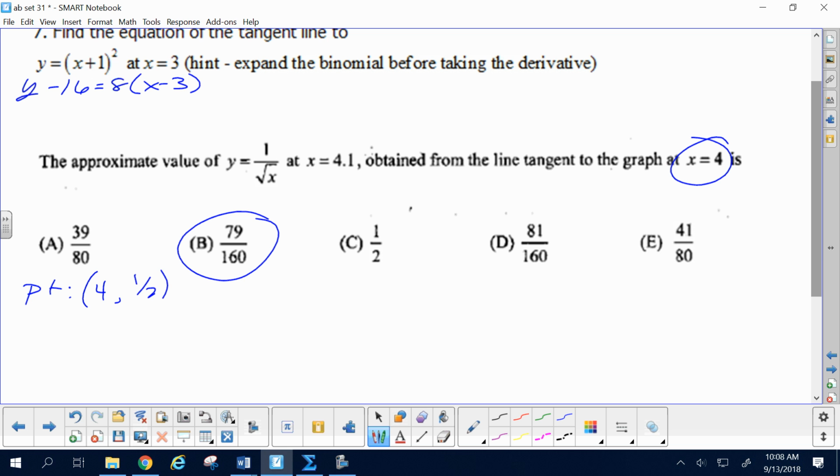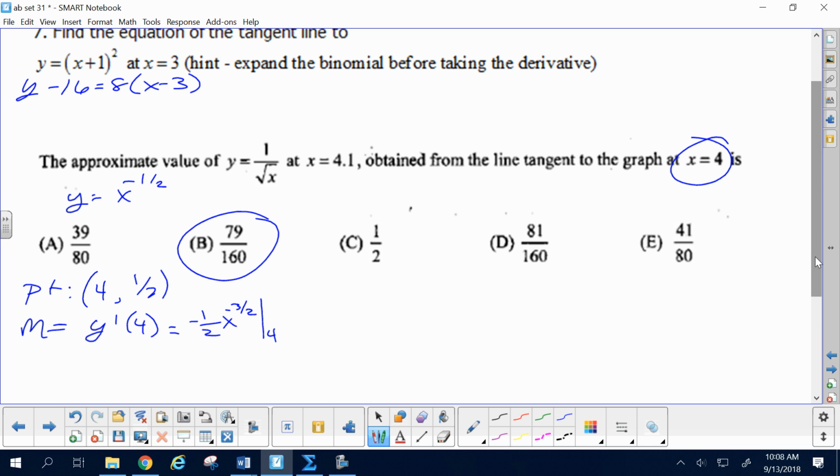1/2. Okay. The slope comes from taking the derivative at the good point, not just letting the derivative hang out, the derivative at the good point. So, what is the derivative of x to the negative 1/2 by power rule? Negative 1/2 comes down, x to the negative 3/2 at 4.